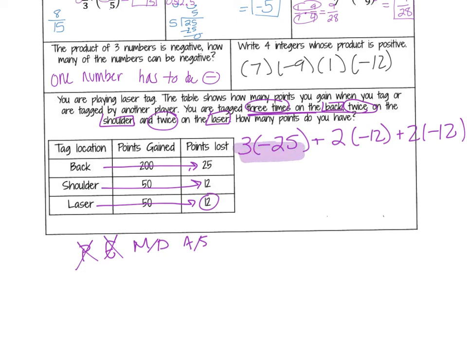Here I have 3 times negative 25. So I'm going to do 25 times 3, 15, carry the 1, 2 plus 3 is 6, plus 1 is 7. So this would be negative 75 points. 3 times 25 is 75. Positive times a negative is a negative.